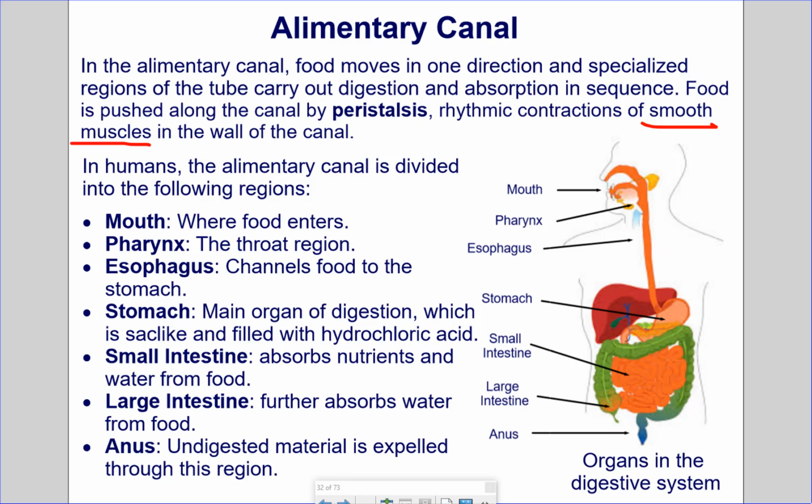The stomach is the main organ of digestion, which is sac-like and filled with hydrochloric acid. The small intestine absorbs nutrients and water from food. The large intestine further absorbs water from food. And the anus is where undigested material is expelled. Pictured on the right are the major organs of the digestive system.